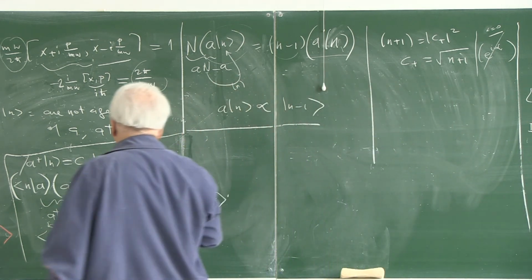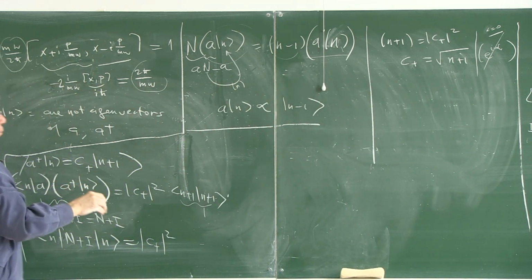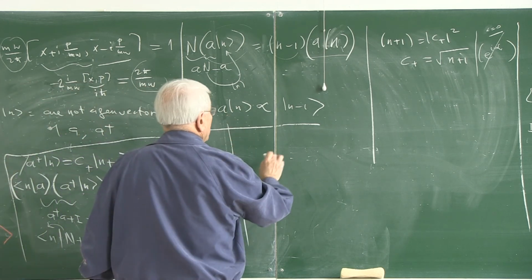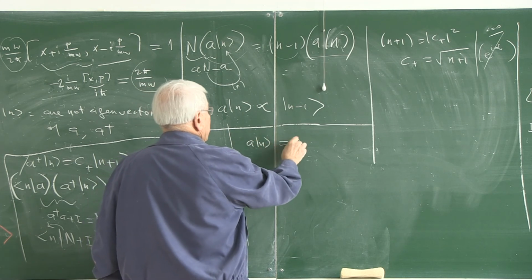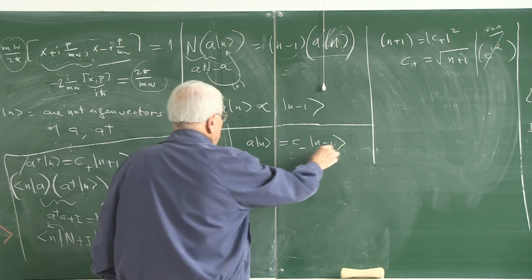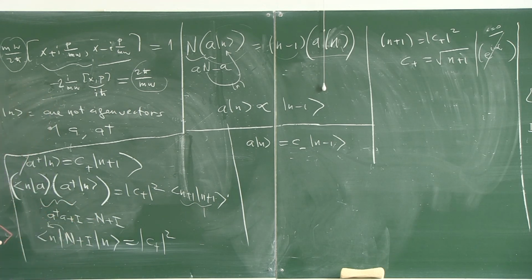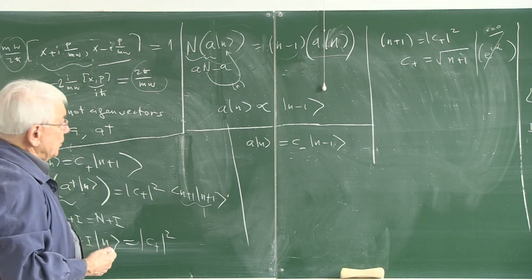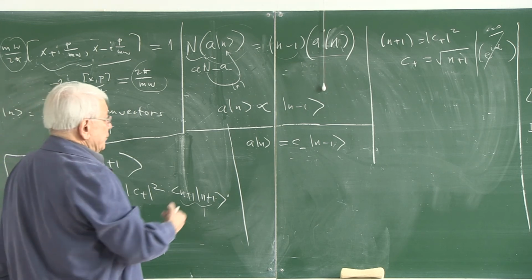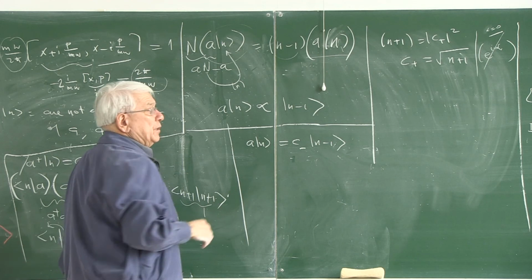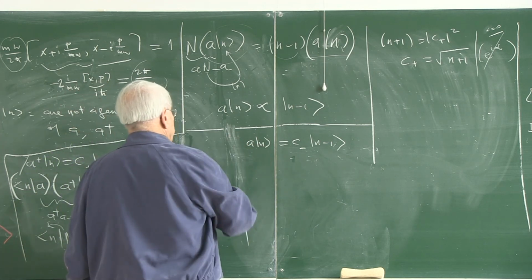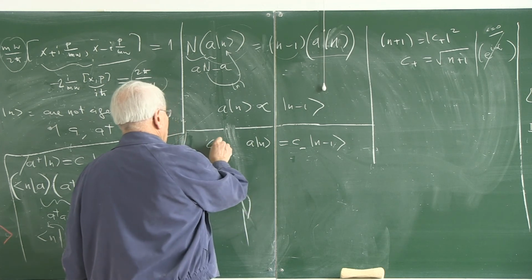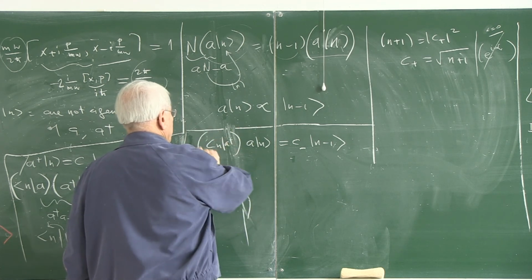Let me repeat the same analysis here for the other one. Here, A|n> is C minus |n minus 1>, because we have demonstrated that it decreases the number n by 1 unit. We have introduced a constant to compensate against the loss of normalization, and we take its inner product with itself. That is, we again project this on <n|A dagger.